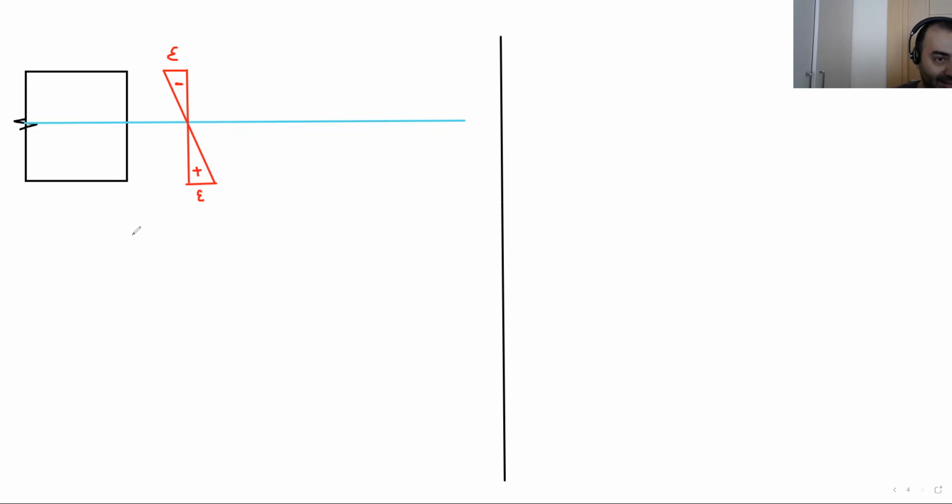Now let's draw the stress distribution here. Again, I'm going to use lines. Let's change the color. I have orange.